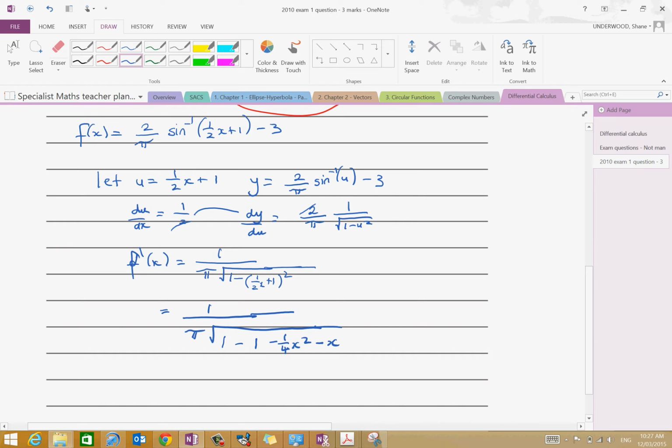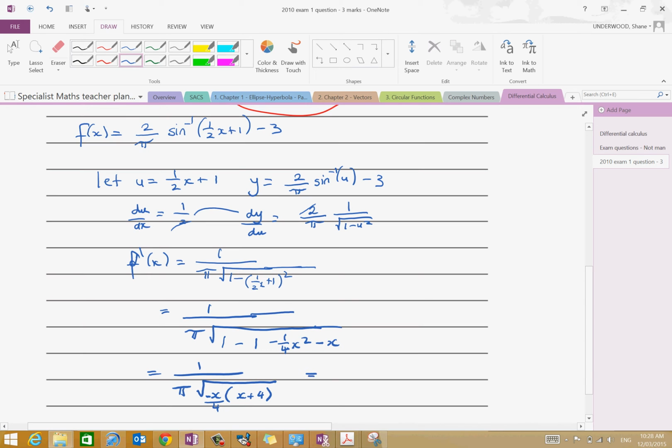Okay, they're going to cancel out, so therefore we've got 1 over pi square root of x outside of, and maybe we've got a quarter, x over 4. And then let's do negative x over 4, and then that's x plus 4. It's not plus 4x, it's plus 4. Thank you. Now, are we done yet?